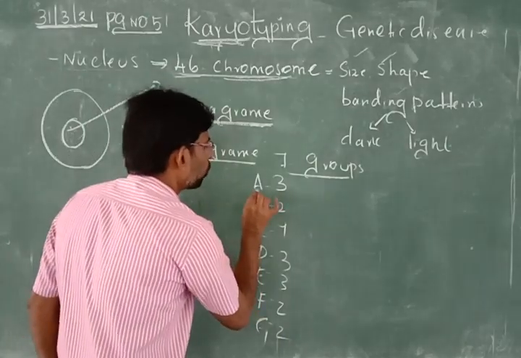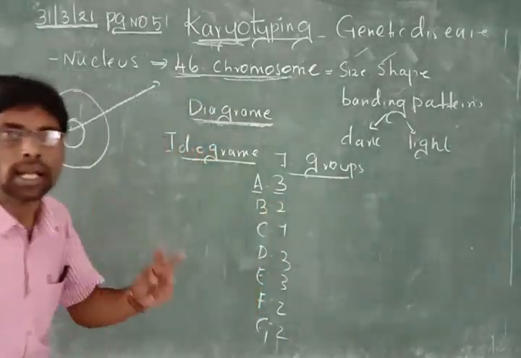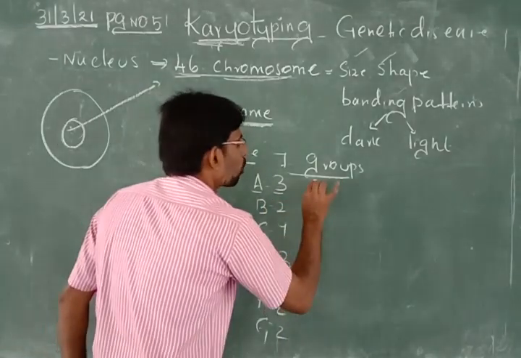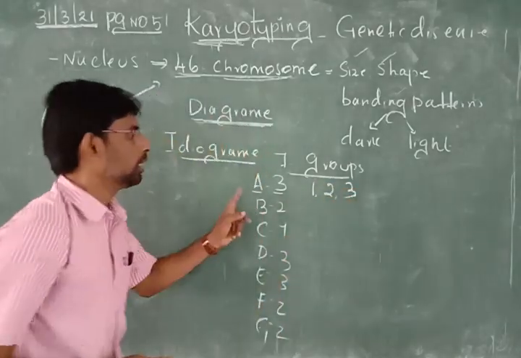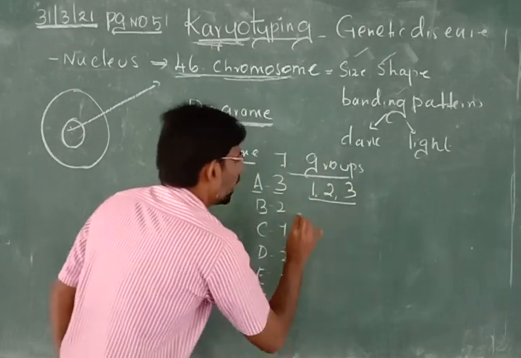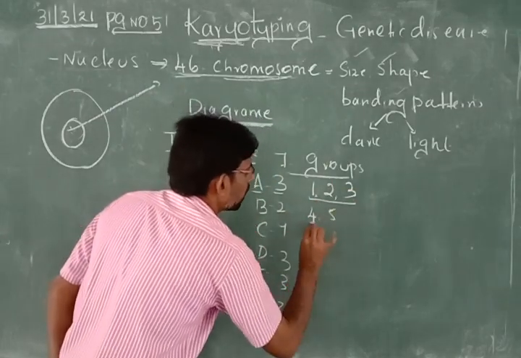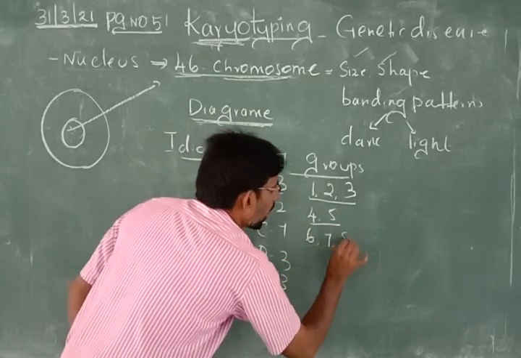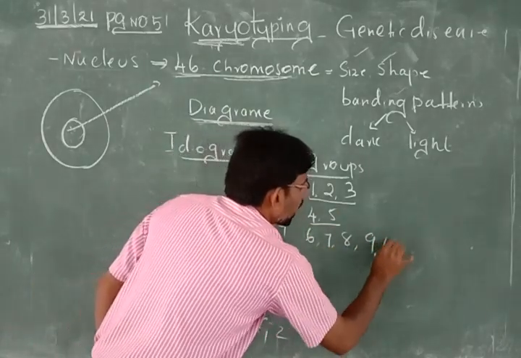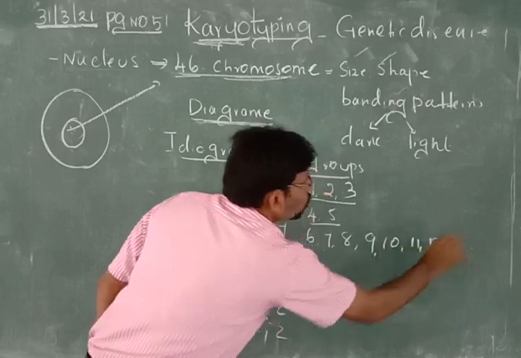If the group is A, it will have 3 chromosomes. For example, chromosome number 1, 2 and 3 come under the group called A. Then 4 and 5 are B. Then 6, 7, 8, 9, 10, 11 and 12.